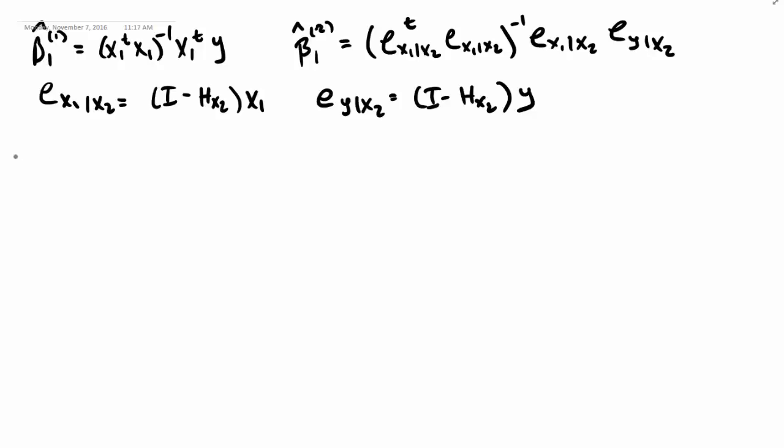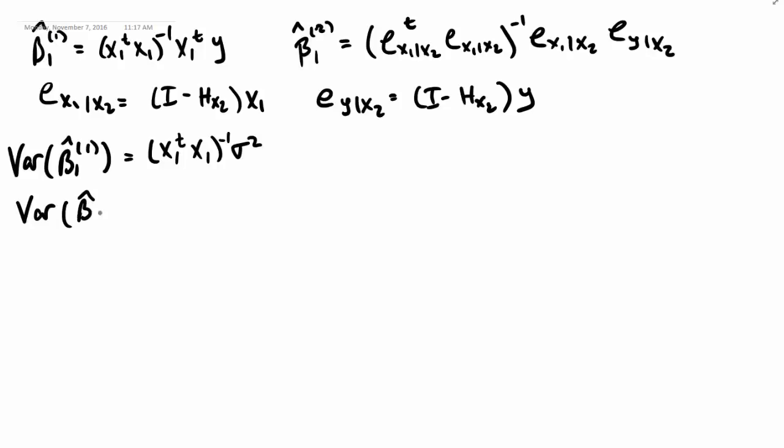Now we know that the variance of beta 1 hat 1 works out, regardless of the true model, even if there's an X3 that we're missing, to be X1 transpose X1 inverse times sigma squared. Now let's look at the variance of beta hat 1 fit under model 2.